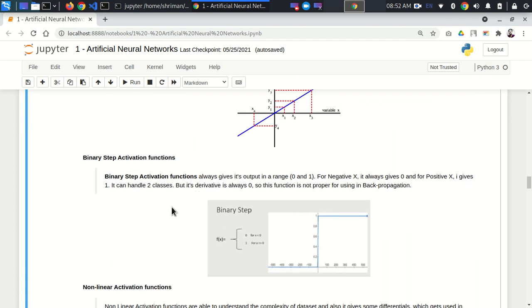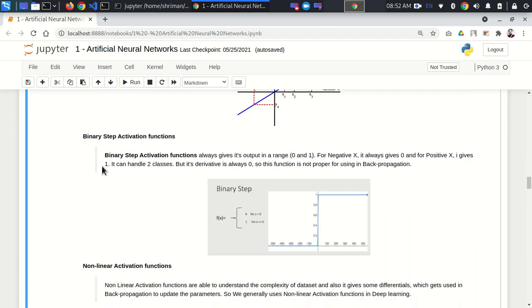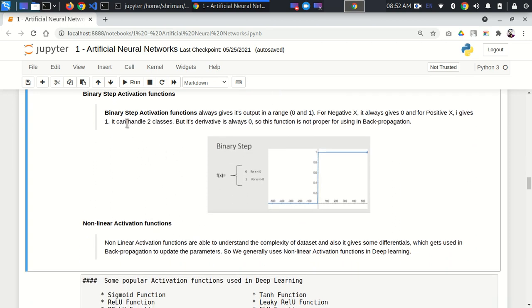Then they came to this point, okay fine, we can go with the binary step activation function. What is this? This binary step activation function always gives its output in the range 0 and 1. See, this is the graph of this binary step activation function.